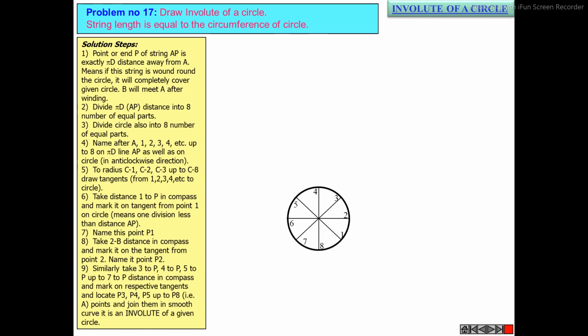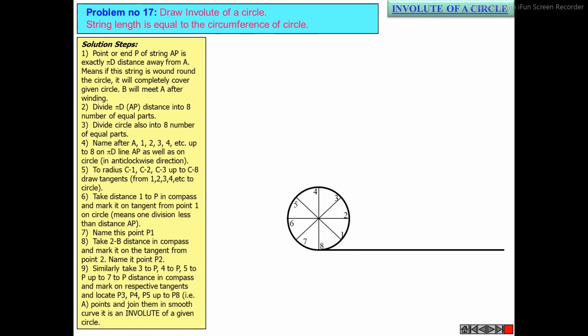Yes, sir. Okay. Next, from point 8, which is my first locus point of my involute, I have to draw an infinitely long tangent line, and on that tangent line I need to mark a distance L. What is L? L is the length of the thread, and here L will be equal to 2 pi r, because we want to generate the involute profile for when the string length is equal to the circumference of the circle.